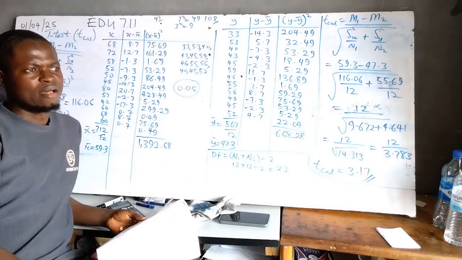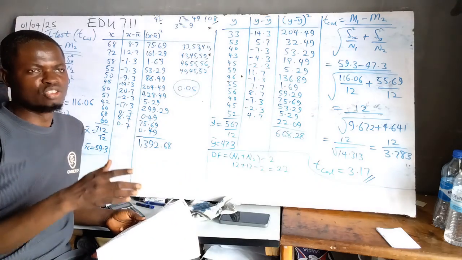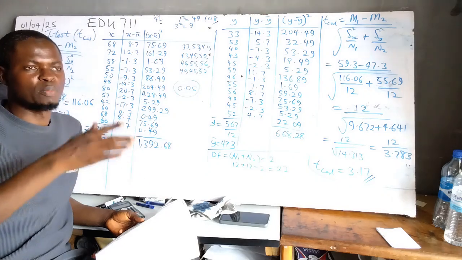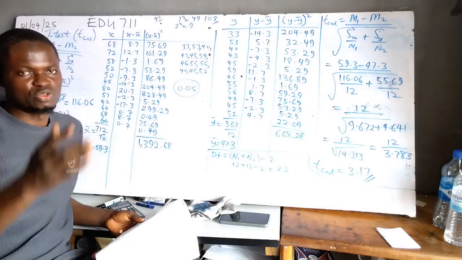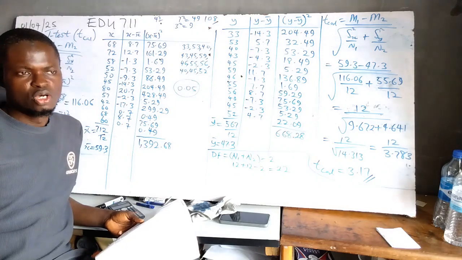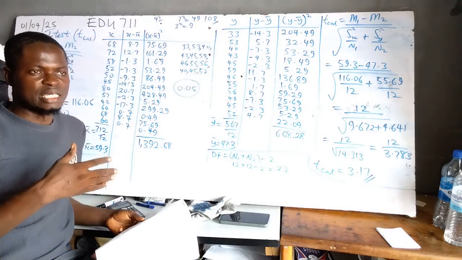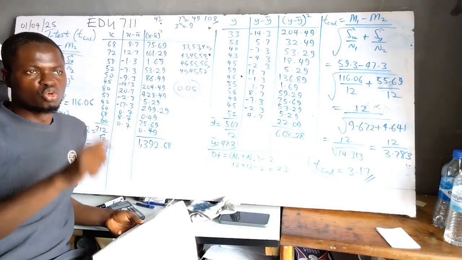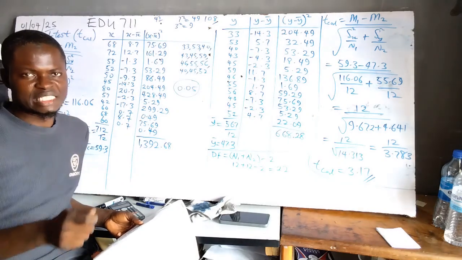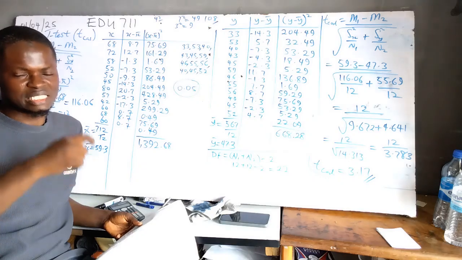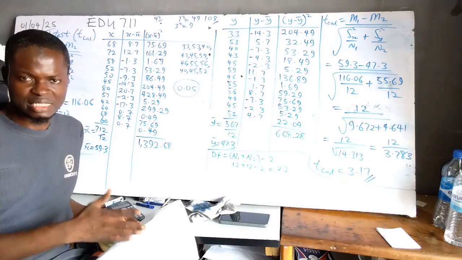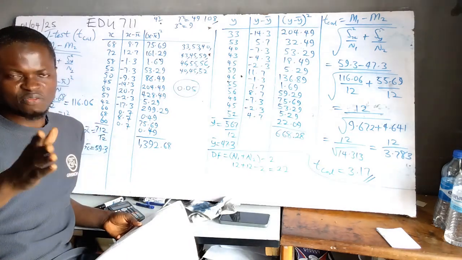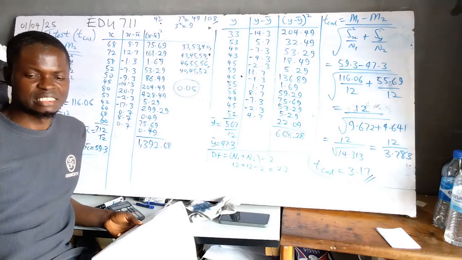But if I say there is no difference, or even if I say there is a difference between public and private school scholastic aptitude test, it means it is non-directional. There is a difference could mean that public is higher than private. But when I say public school scholastic aptitude test is different from private school scholastic aptitude test, that is non-directional.